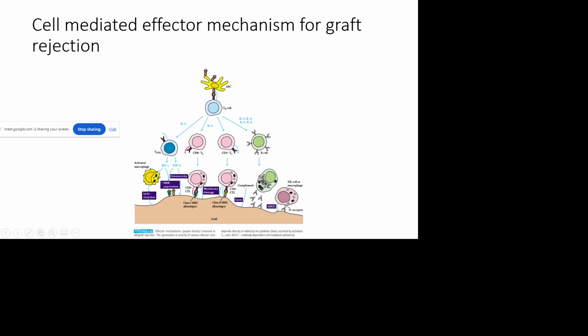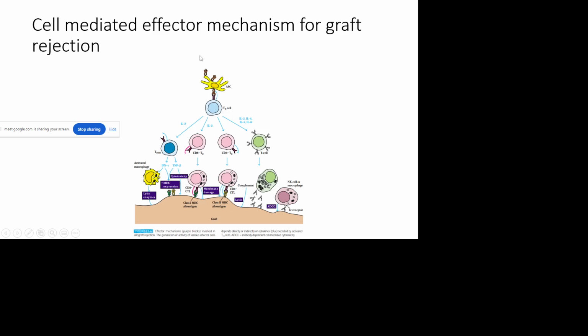And also there is ADCC. When this antigen antibody interaction happens, the NK cell or macrophage, which has the Fc receptor, binds this antigen antibody complex by the Fc receptor, and will destroy the corresponding antigen by the ADCC effect, right? So these are the cell mediated effector mechanisms for graft rejection.